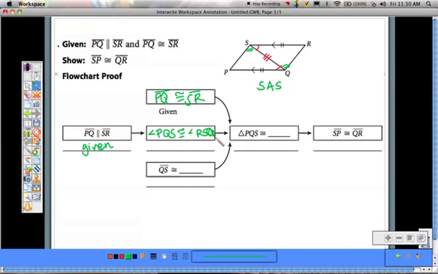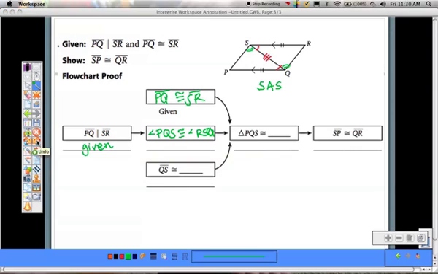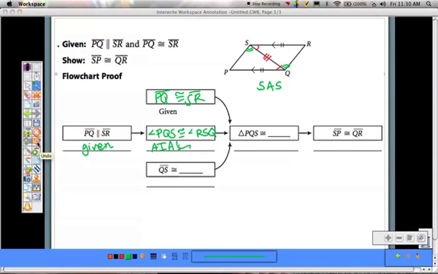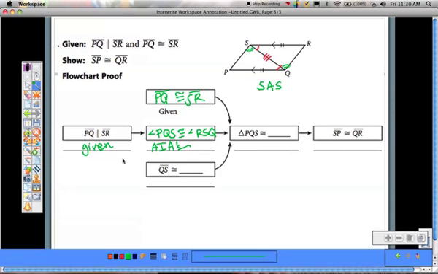Oops, RSQ. Let's try that again. The reason we knew that is that alternate interior angles are congruent. And also given is that QS is congruent to itself because it's the same segment.